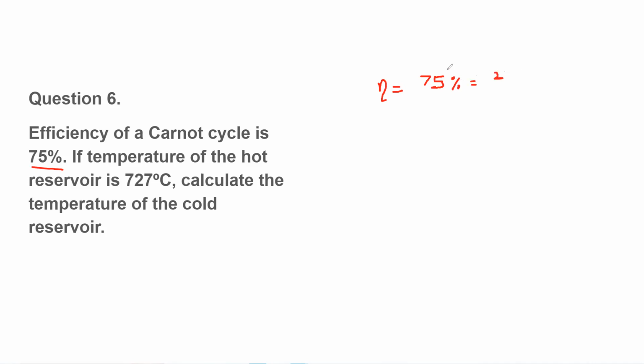75% means I can write 75 upon 100, which is nothing but 0.75. Now, in data, if temperature of the hot reservoir is 727, for a temperature of hot reservoir, we indicate that with symbol TH.